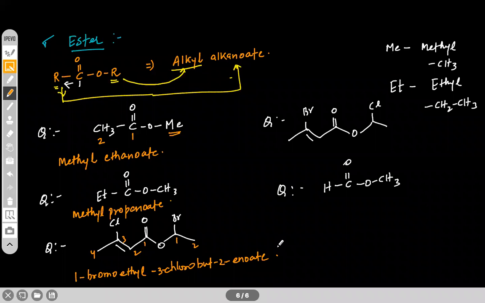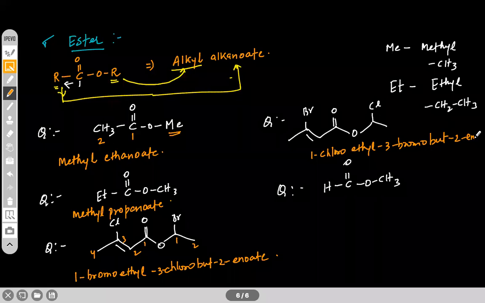Okay, and this one is 1-chloroethyl, 3-bromo but-2-enoate.